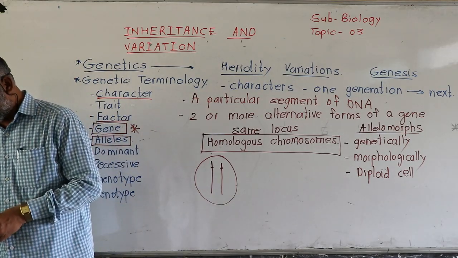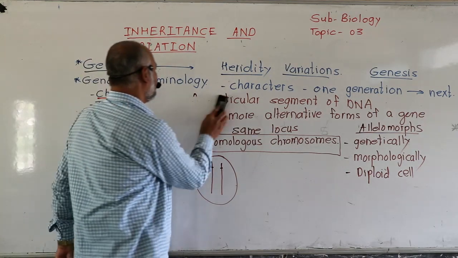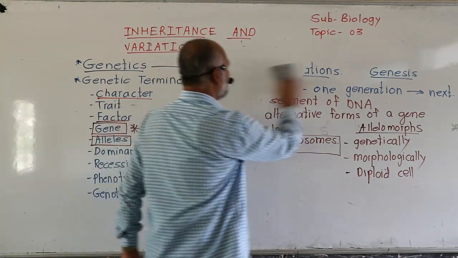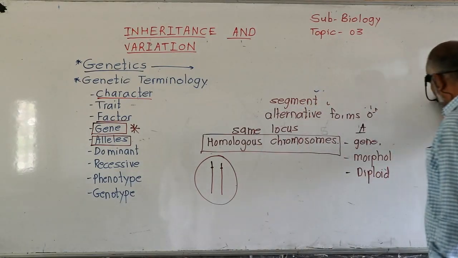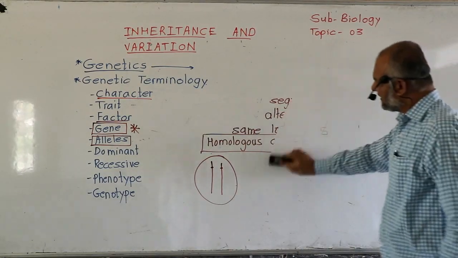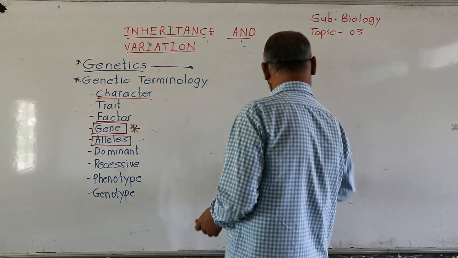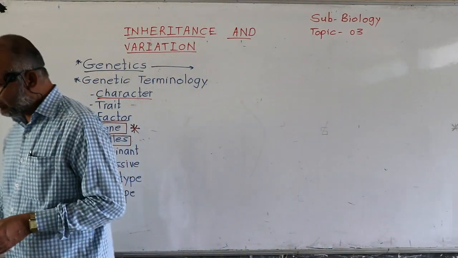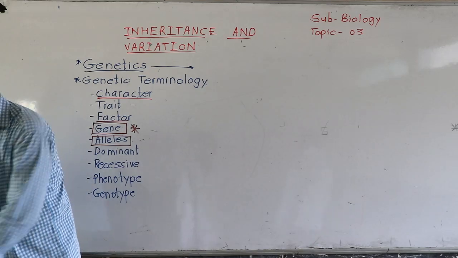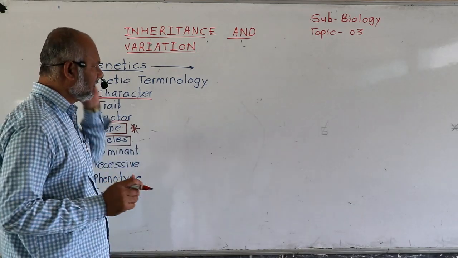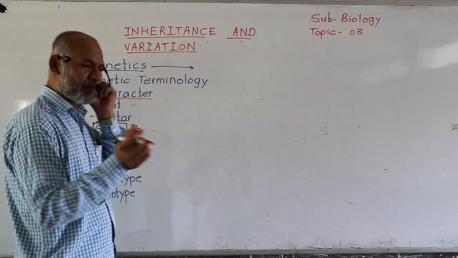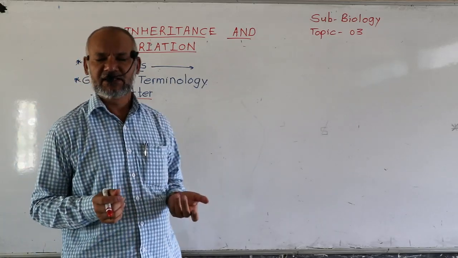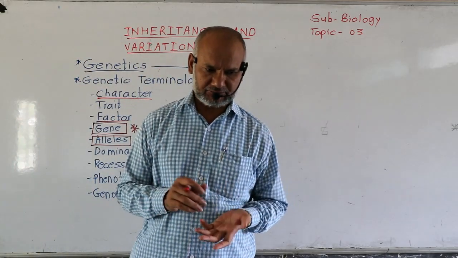Now the next term is dominant, and the similar term is recessive. What is dominant and what is recessive? In the next lectures, we will study the various crosses carried out by Mendel in detail.